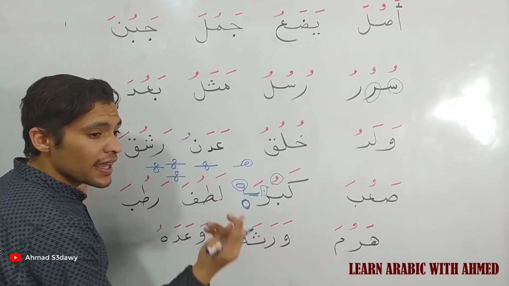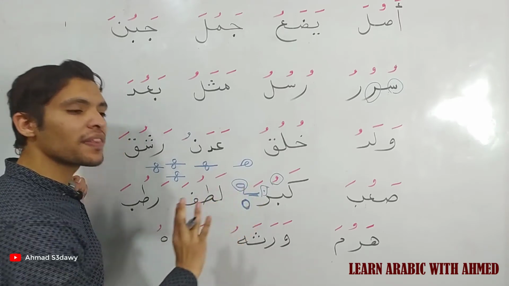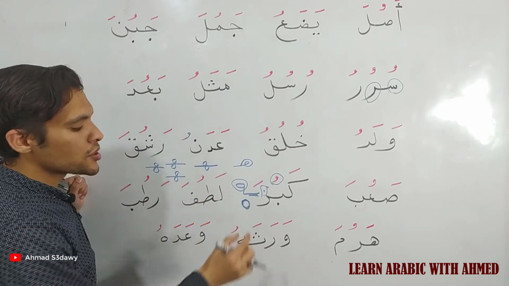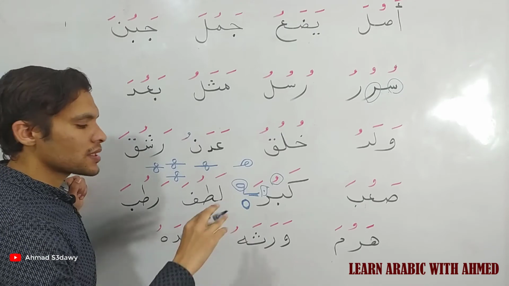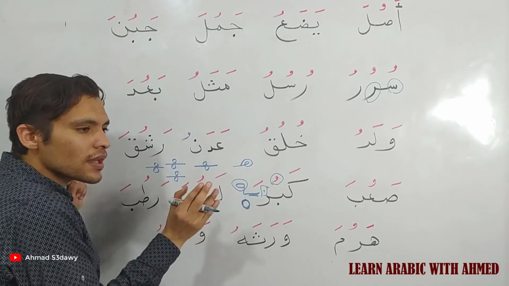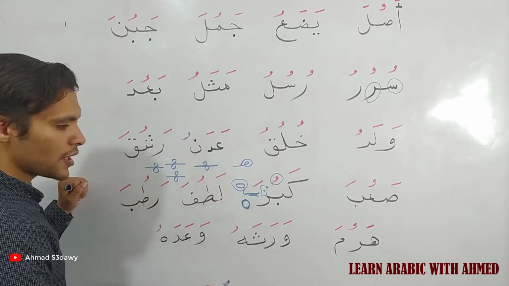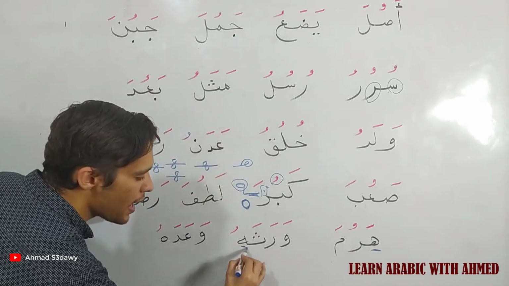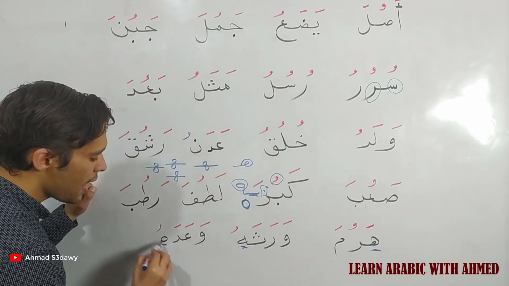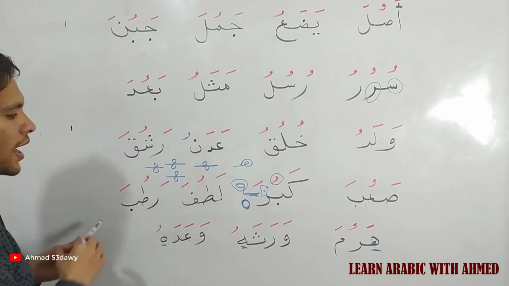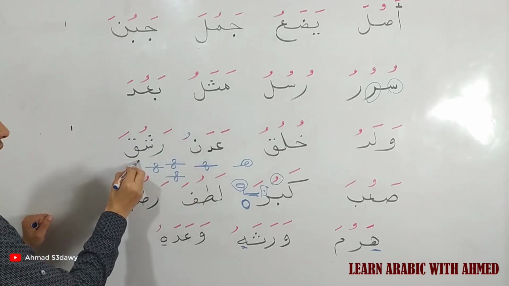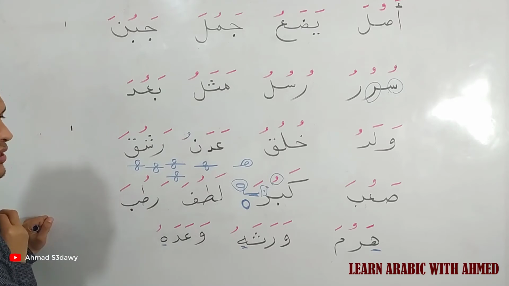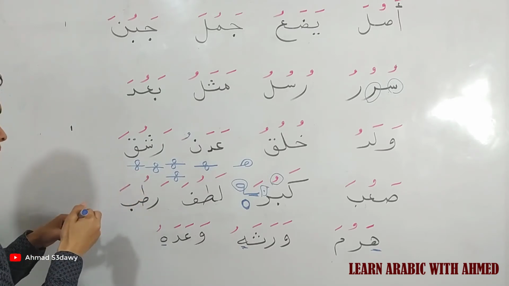So the ha comes at the end, but there is no bridge, which means it is separate, isolated at the end. For example, here, the ha in the beginning, ha at the end. And remember, if you write 8 and you do this, this is ha in the middle.